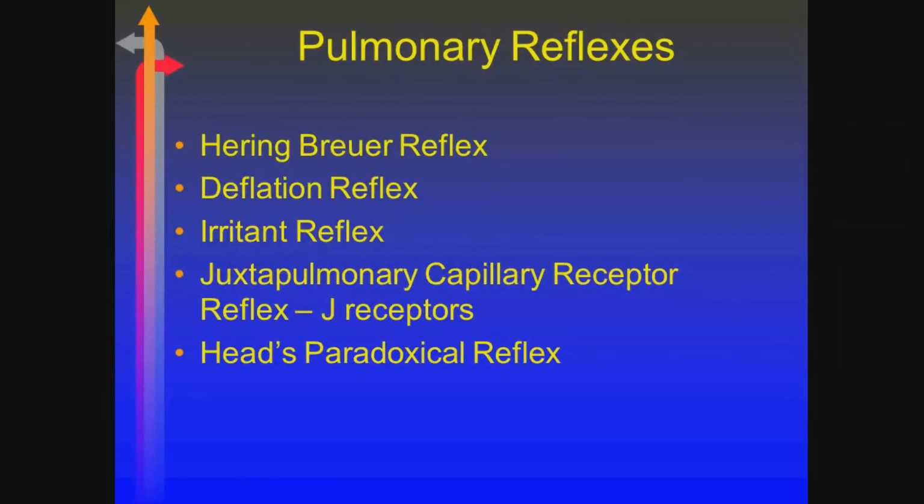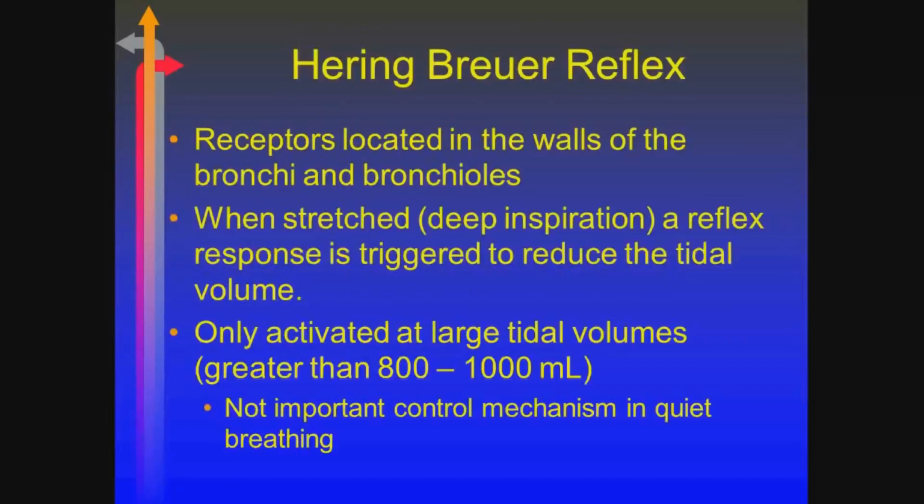There are also some reflexes involved that are kind of feedback mechanisms or reactionary mechanisms to alter ventilation. The first one is the Hering-Breuer reflex, and this is basically an overstretch reflex.